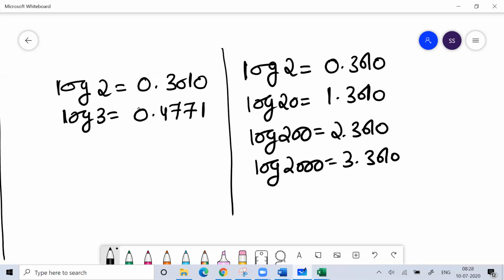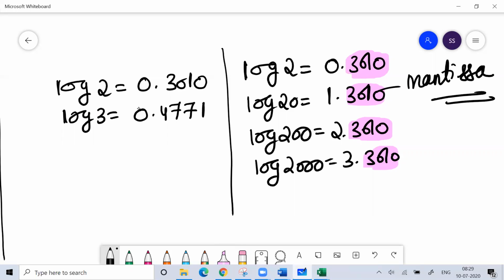The decimal part remains constant. This decimal part you can only determine by using a log table. There is no mathematical formula or other way to find this value. That value is called the mantissa.